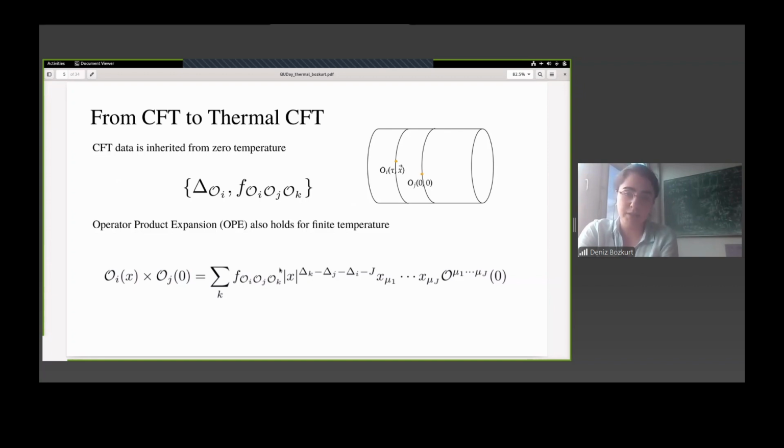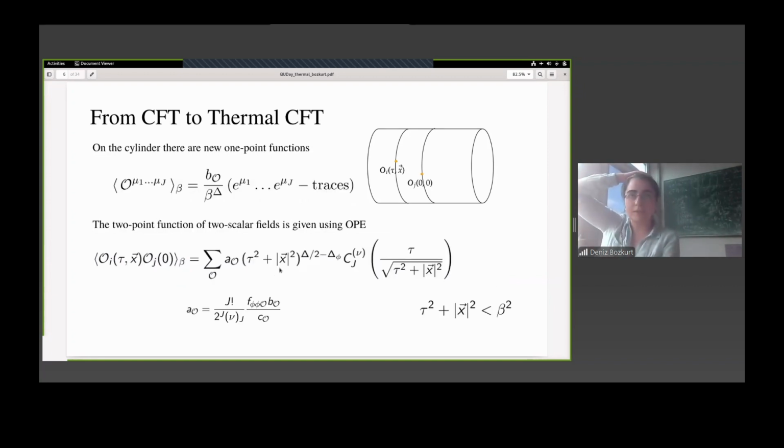is still a valid expansion. But of course, it is valid within a finite radius of convergence, which is given by the length of the thermal circle. On top of the CFT data that we get from zero temperature, some of the operators of our theory now gain 1-point functions, and this is due to the breaking of the dilatation operator.